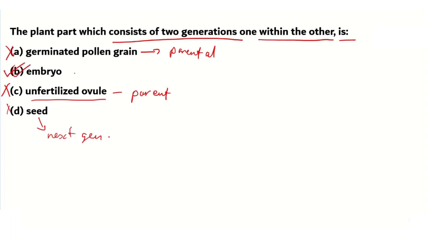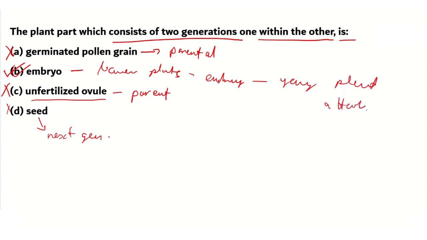Now, how does the embryo represent two generations, one within the other? Because in lower plants, such as ferns, the embryo consists of a young plant attached to a parental gametophyte.